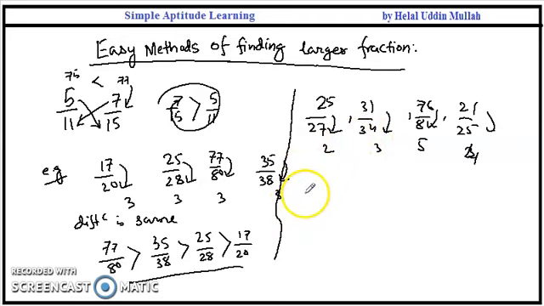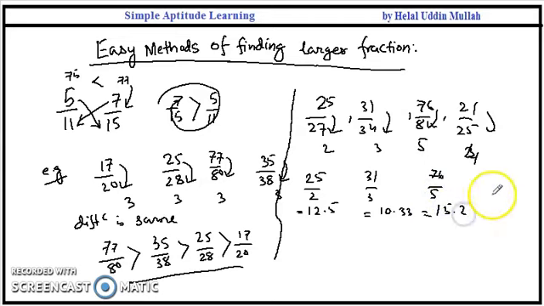In such a case, you need to divide the numerator values by this difference value. For the first one, 25 by 2 is equal to 12.5. Next, 31 by 3 will be 10.33. Next, 76 by 5 will be 15.2.